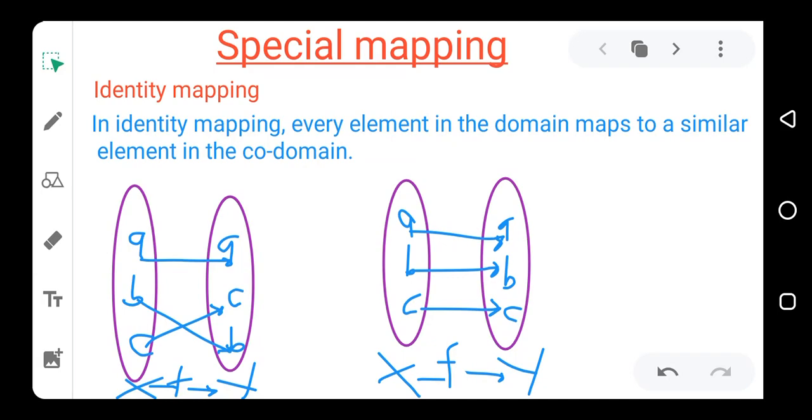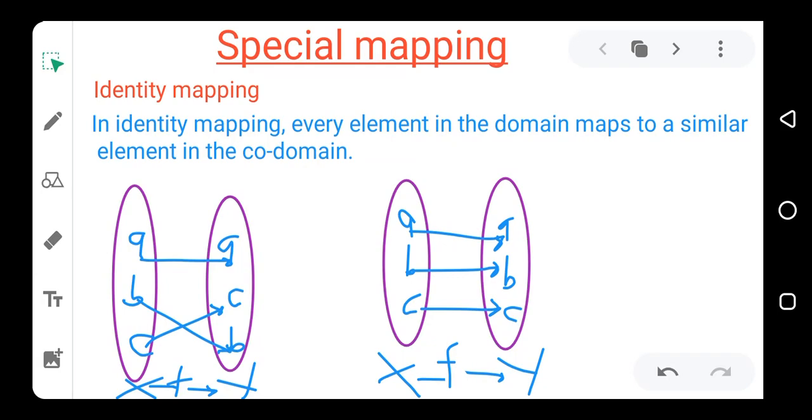And it is always 1-to-1, which means that one element always has only one image. It is also onto, which means that none of the elements in the codomain is left out.